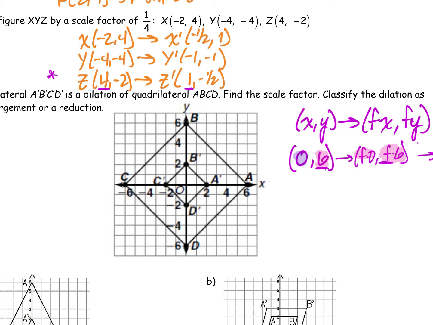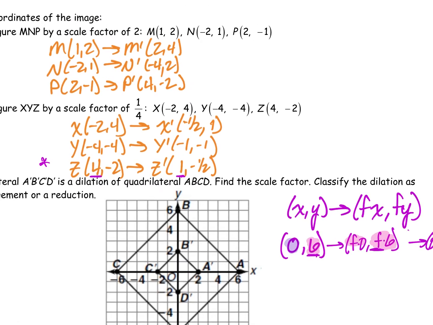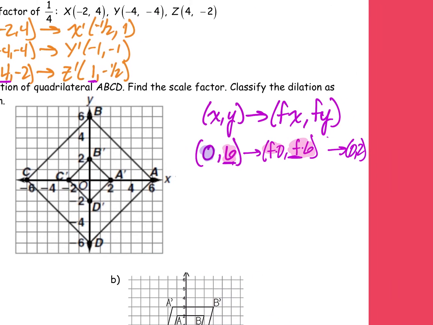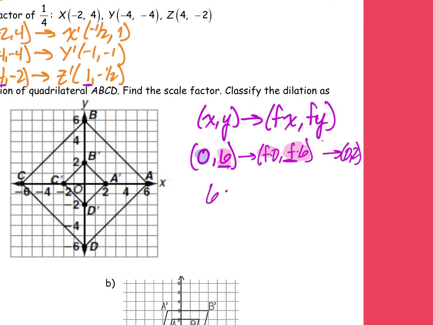Does everyone understand? Yes. I could go up here where it makes it easier. I was taking 2 and multiplying it by my scale factor of 2 and getting 4. So we're going to take 6, multiply it by my scale factor, which is right here, and I should get 2. That's an F.